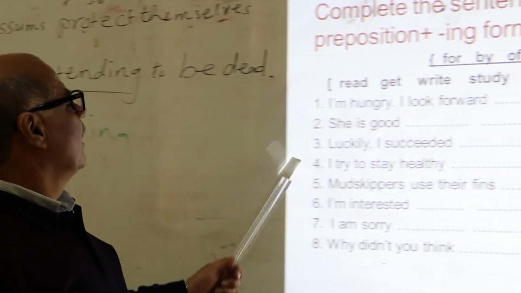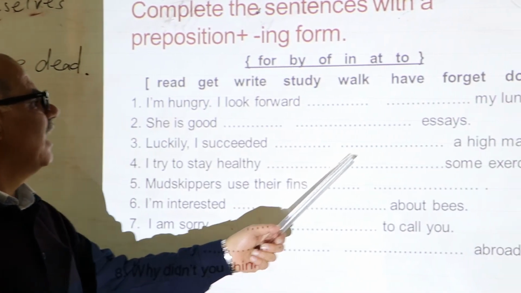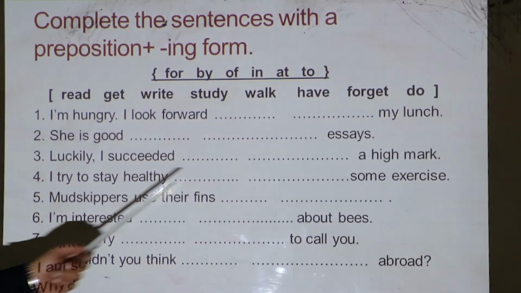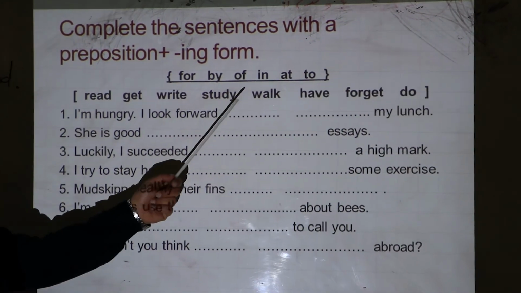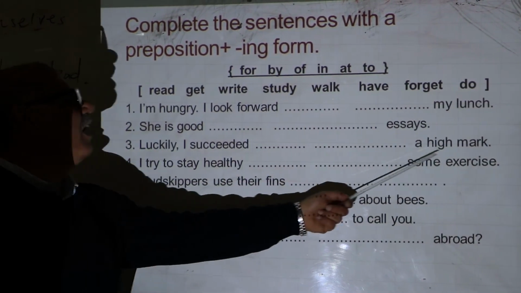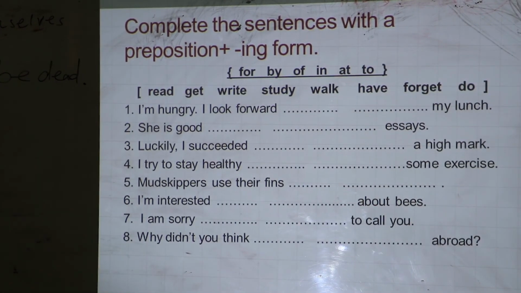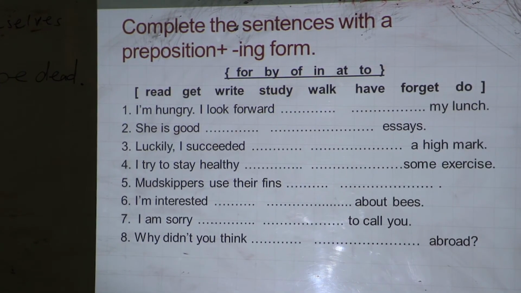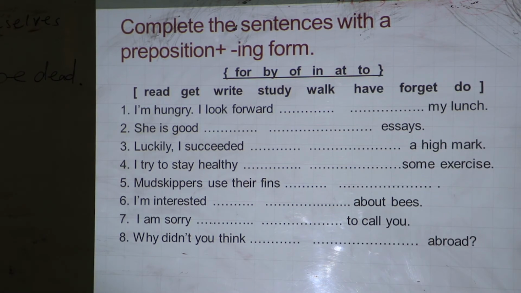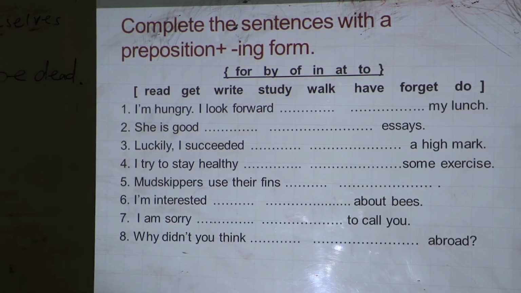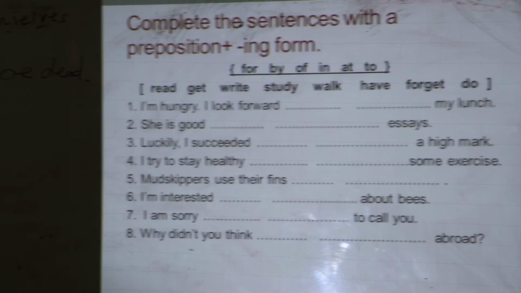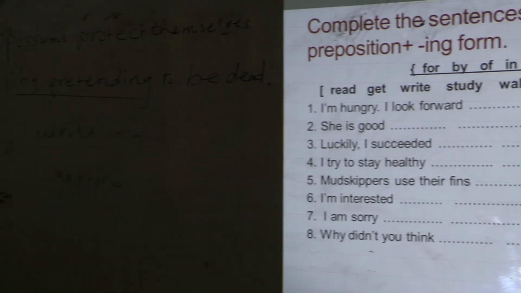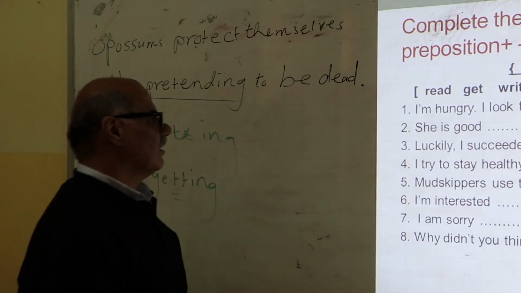Look at number 3. Luckily, I succeeded in getting a high mark. I succeeded in getting a high mark. And of course, how do we write getting? We double the letter T, the final letter, right?